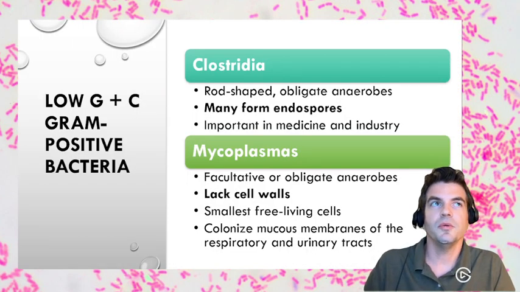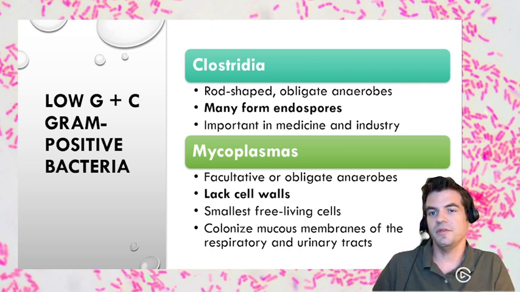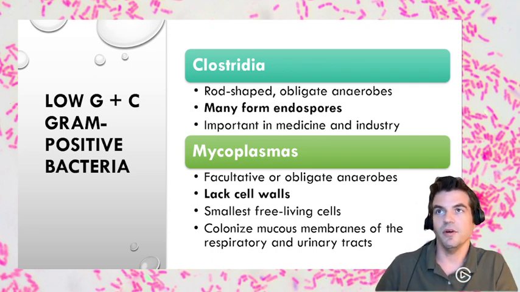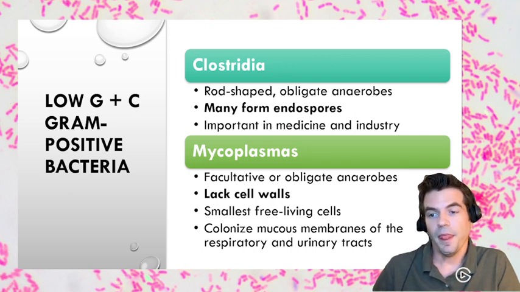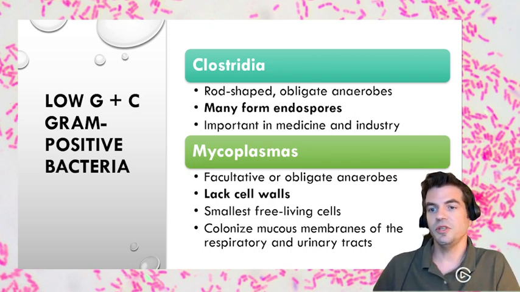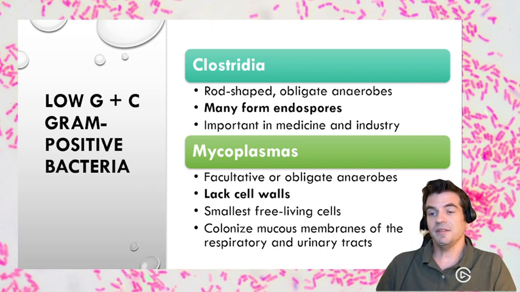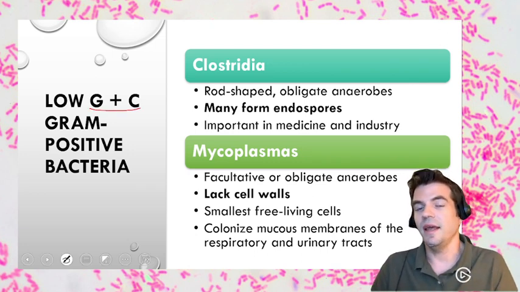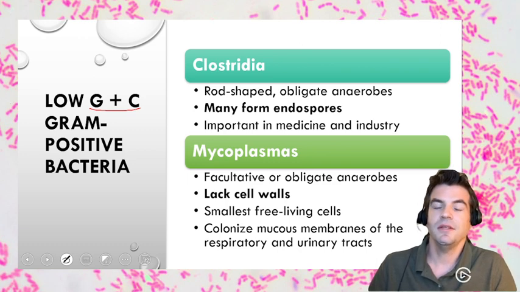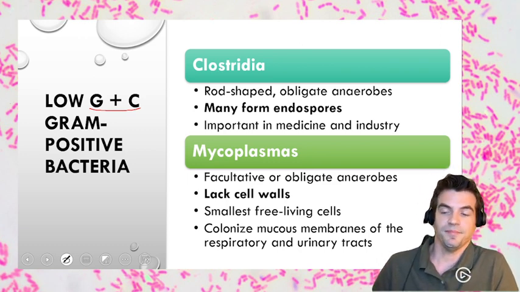Alright, so the first major organization for gram-positive bacteria is low G plus C gram-positive bacteria. Low G plus C. What does that mean? That means we are dealing with low guanine and cytosine content in their DNA.